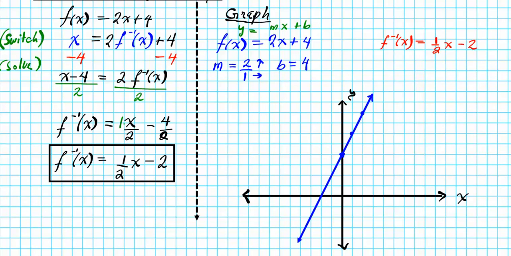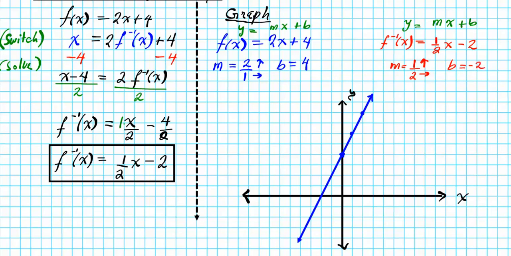So this is also in the slope-intercept form of the equation of a line, y equals mx plus b. So we can easily determine what m and b are here. For the inverse function, the slope m is 1/2, which means we're going to rise 1 and run 2. The y-intercept, where you're going to begin your rise and run from, is -2.